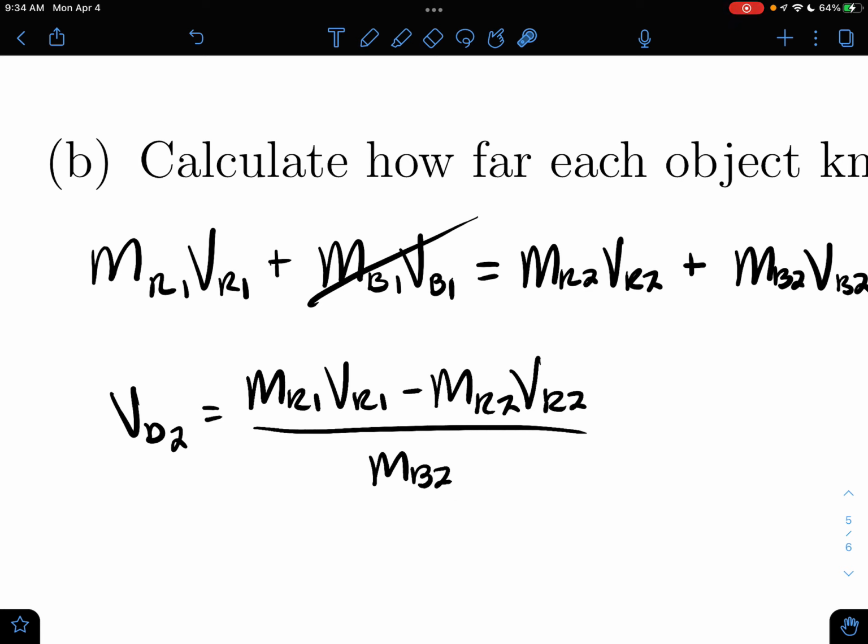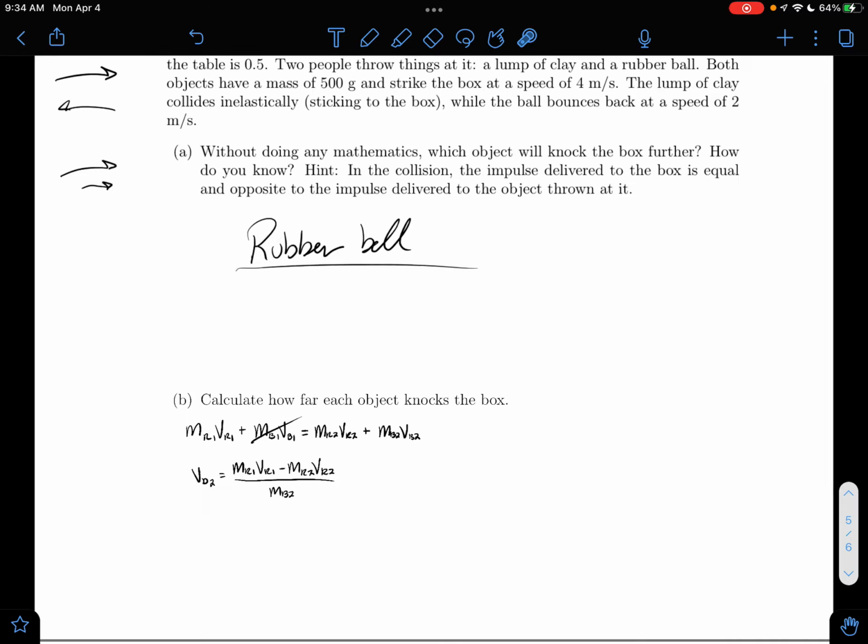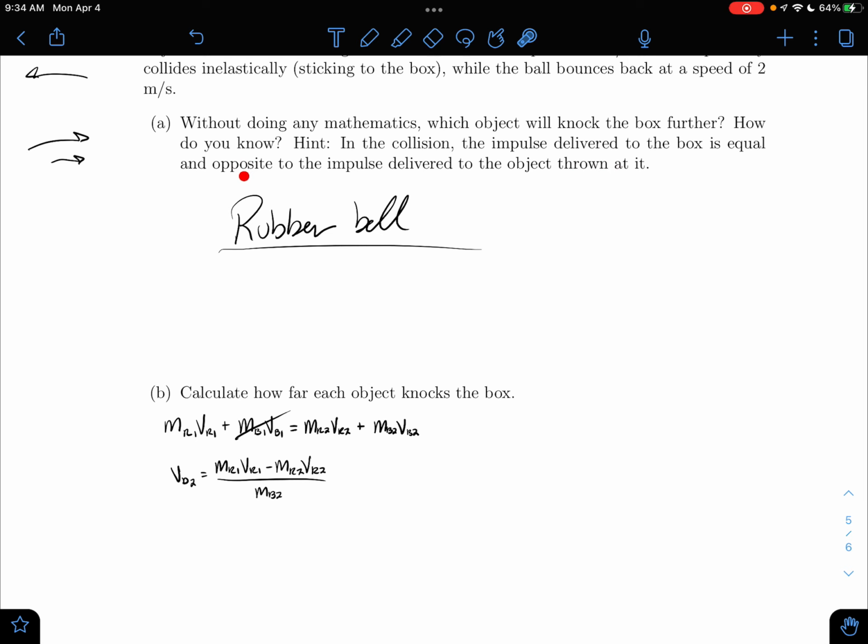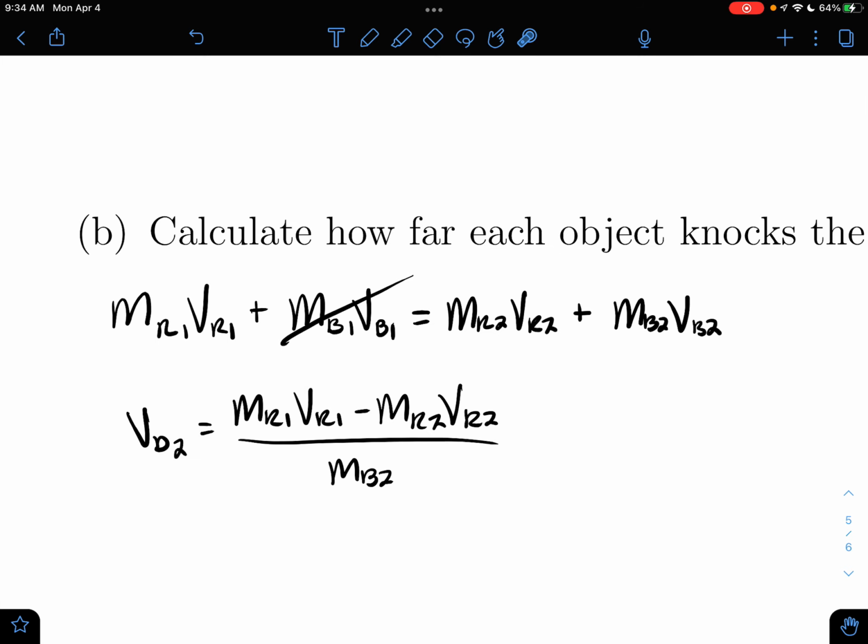Usually it's final minus initial, but either way, this gives us our change in momentum of the ball. And the impulse is equal and opposite to the thing that's delivered. So if we flip it to final minus initial, that's our change in momentum of the rubber ball, which is going to give us our change in momentum for the box.